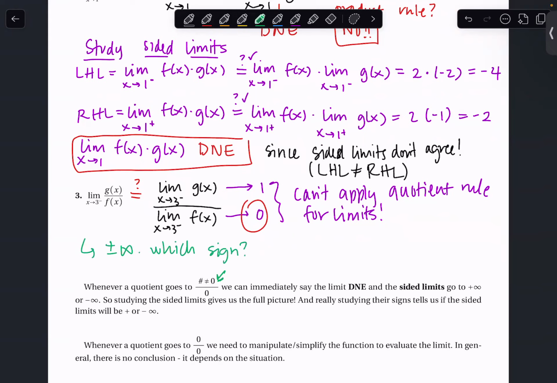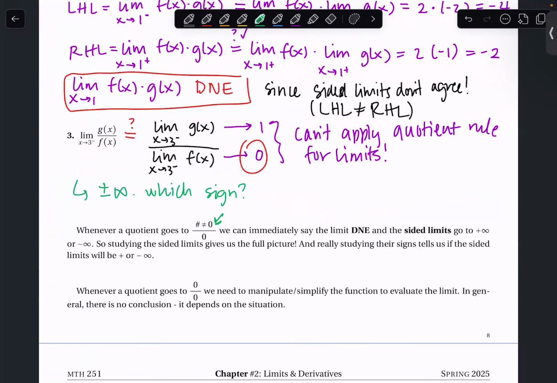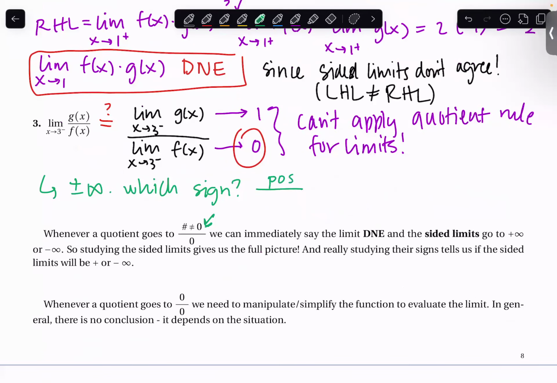Is it positive or is it negative? Okay. My numerator approaches 1, a positive number. So this top part is just going to be positive up top. But in terms of my denominator, it's approaching 0, right? That's not giving me information on the sign, if it's positive or negative.